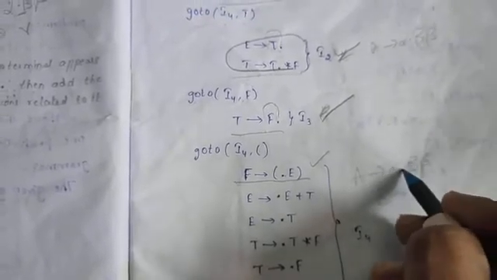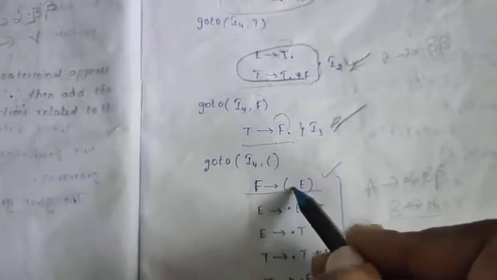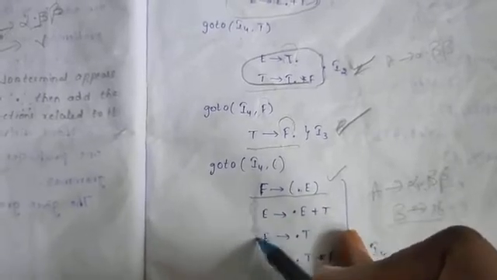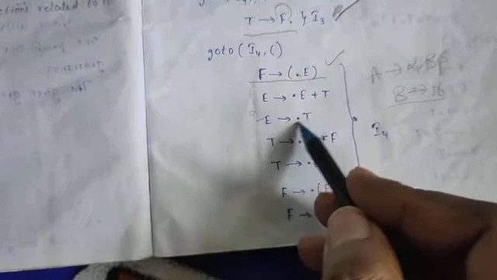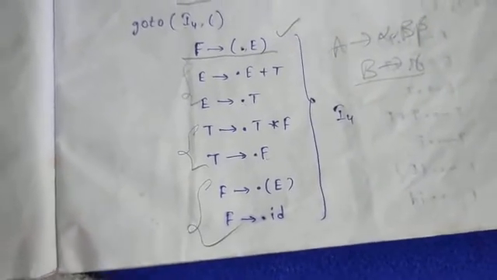Why? Because the dot is before B related productions. Here B is nothing but E, the dot will be before E. For that reason, we'll place E related productions. Again we'll check: here the dot is before T, then T related productions, and here the dot is before F, and F related productions should be placed under this one. Finally, I'll produce all of these and consider it as one state.